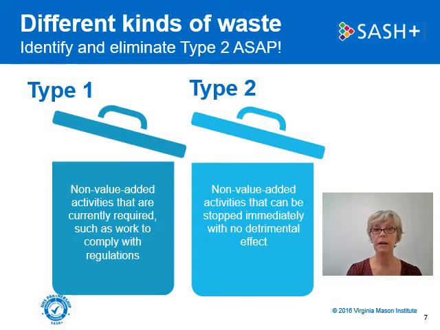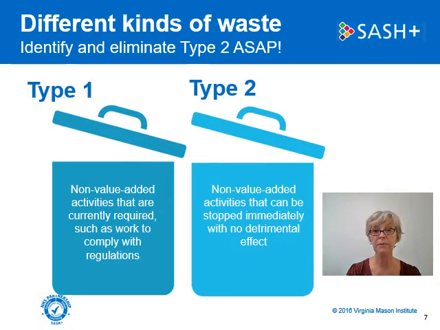Waste can be defined as one of 2 types. Type 1. These are the non-value-added activities that are currently required, such as work to comply with regulations. For example, the General Pharmaceutical Council requires that there is a responsible pharmacist in the department while medicines are being supplied. So, even if the activity taking place could be carried out by other pharmacy professionals, a pharmacist must still be present.